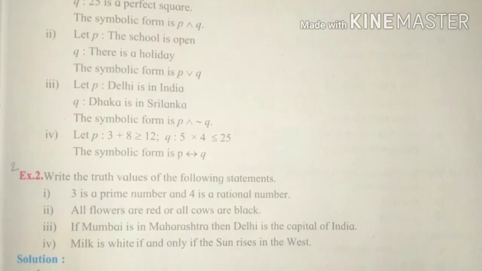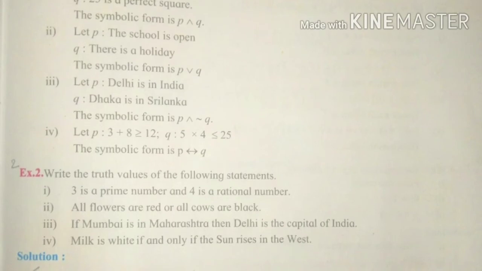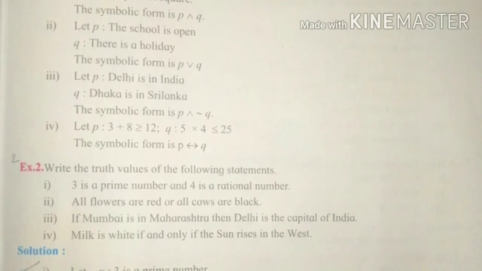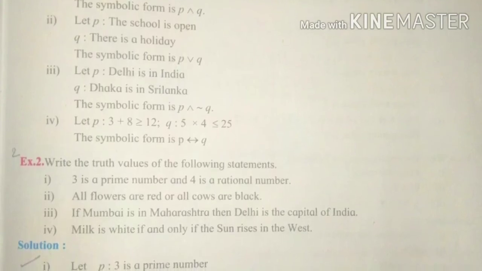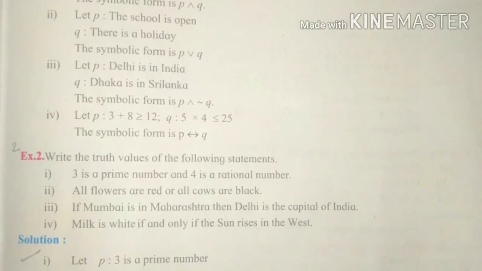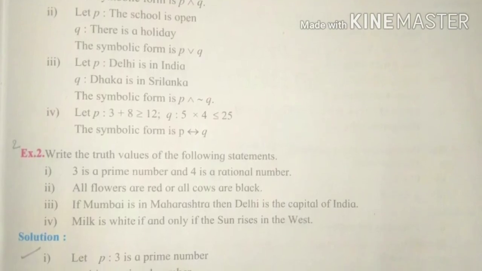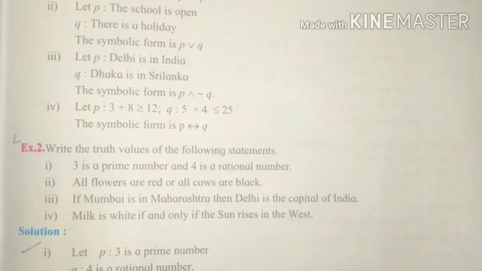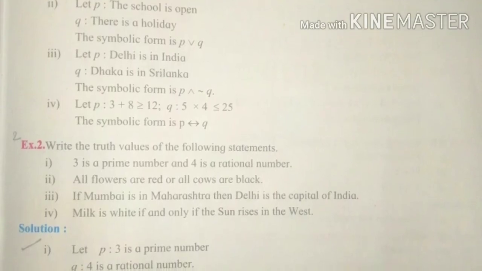Okay, and not is for negation. So the answer is consider P as Delhi is in India, Q as Dhaka is in Sri Lanka, and apply not to Dhaka is in Sri Lanka. The symbolic form is P and negation Q.